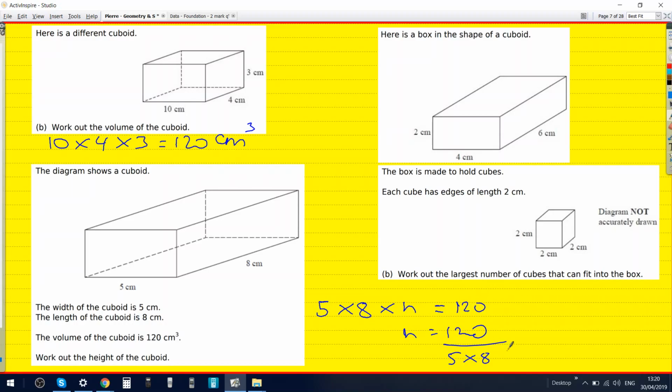So 120 divided by 40. What is that? So if you break that down, it's 40, 120, and they both end in a 0, so there's something quick you can do. 10. So they're both in the 10 times table.